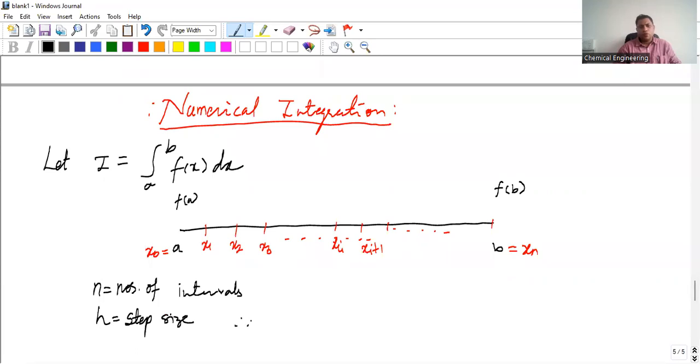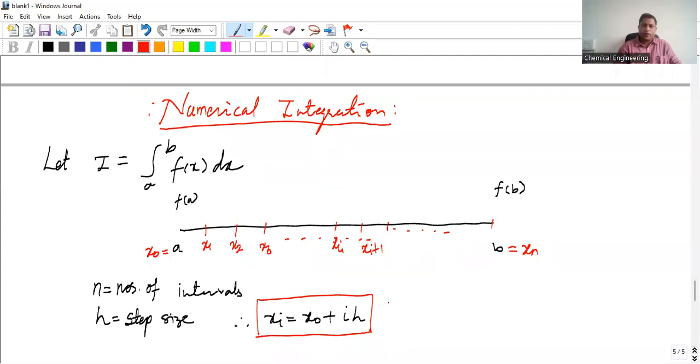How are these terms related? We can have xi is equal to x0 plus i times h.